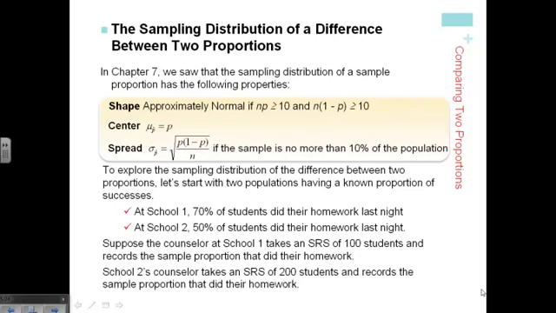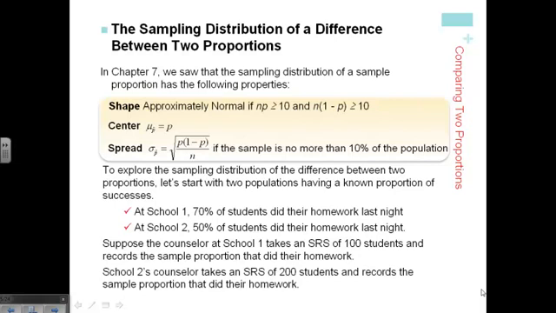And let's say there's another school, School 2, in which the students do their homework only 50% of the time. What would happen if I did repeated draws of size 100 from school number 1?